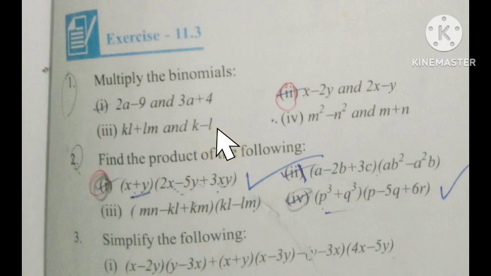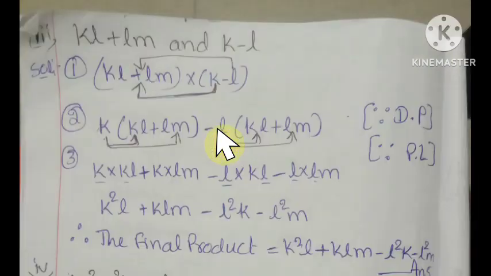Let's see the solution for this problem. First, two binomials are given: KL plus LM and K minus L. To find is the product of these two binomials.